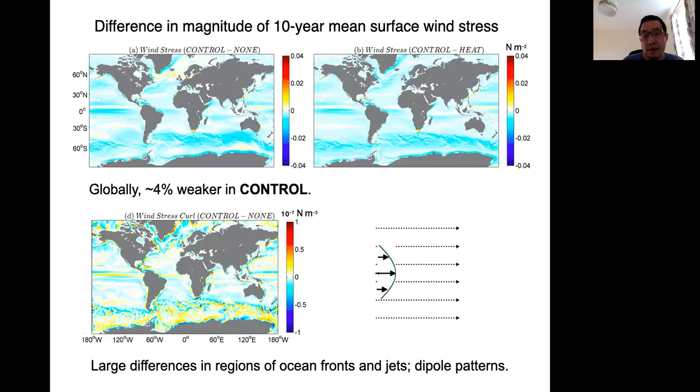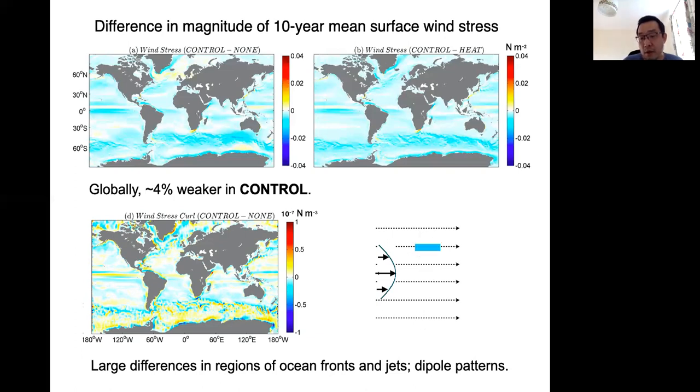And we can understand this from this simple schematic. If we have an ocean jet that is subject to a uniform wind field, taking into account the relative motion means the wind stress will be reduced most significantly at the jet axis. So the wind stress will be smaller here at the jet axis, but larger away from it.